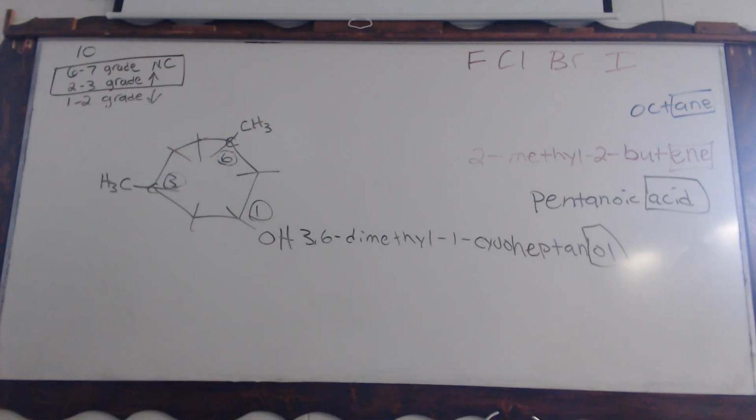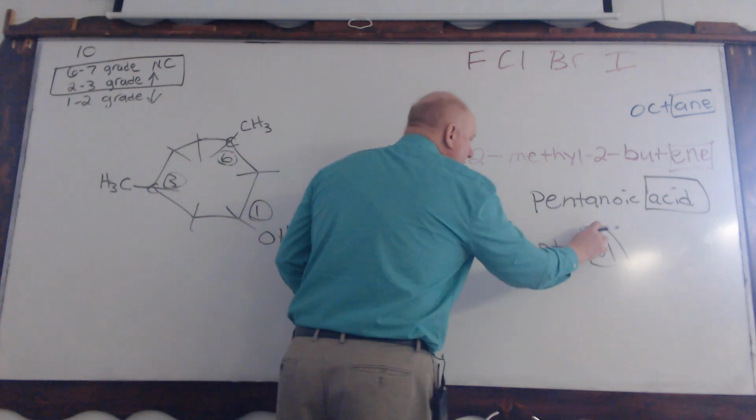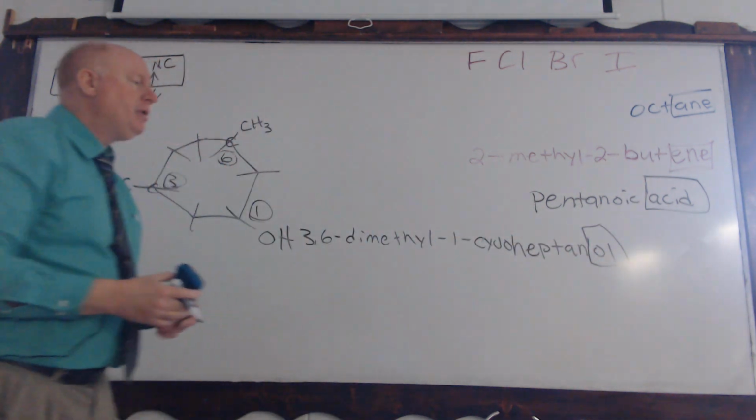Do you have to do that? Yes. We're going to do it at this level because we want you to know why you're doing that. Because once you establish this as being number 1, you're saying that that is your organic family, and that would be correct.